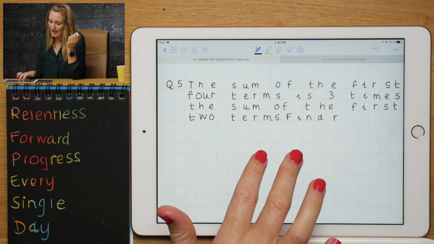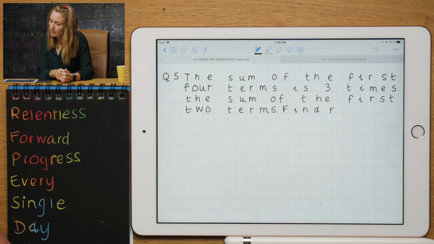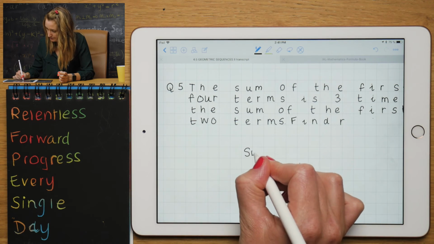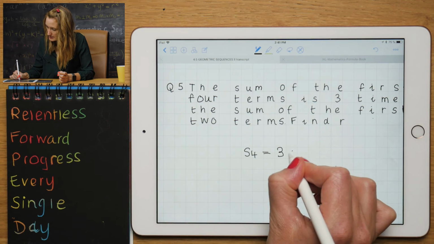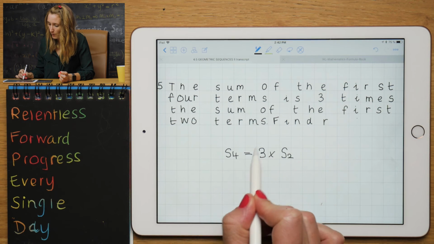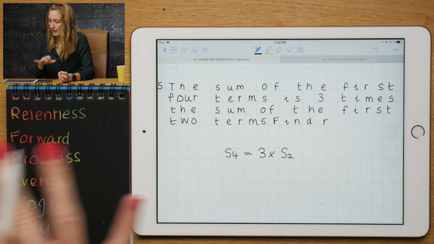Okay, let's have a look at our last question, question 5. A little bit tricky. The sum of the first 4 terms is 3 times the sum of the first 2 terms. What that means is that the sum of the first 4 terms is equal to 3 times the sum of the first 2 terms. Now, people get confused about where to put the times by 3, and you have to think, how can I make them equal?